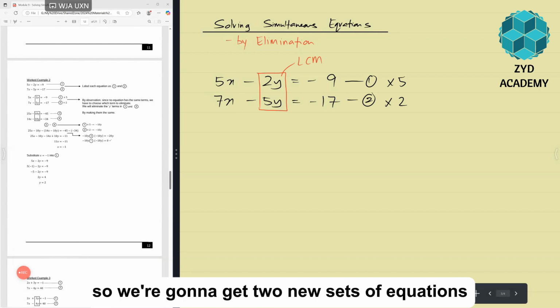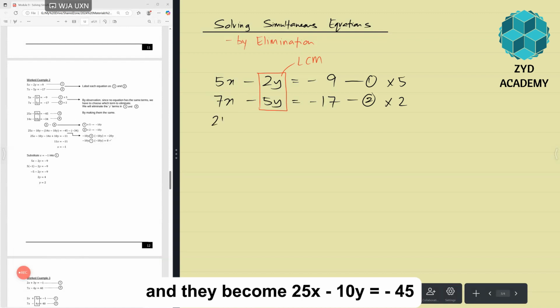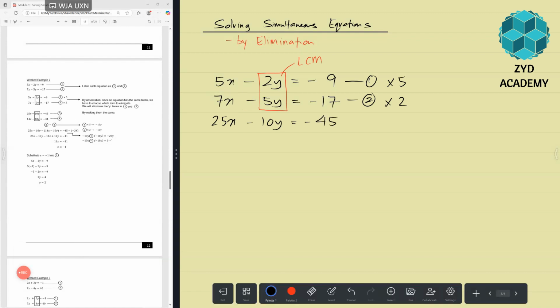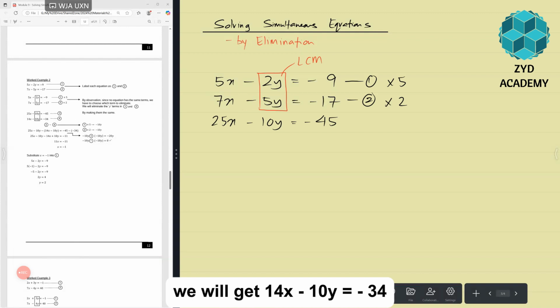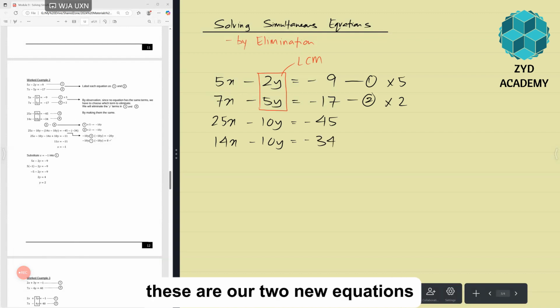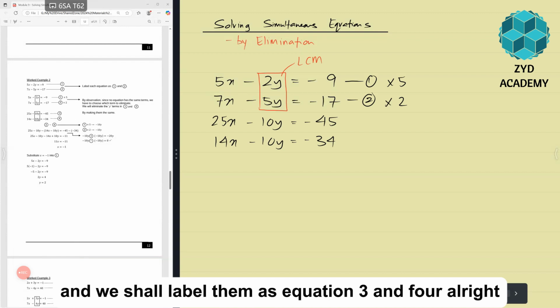We're going to get two new equations and they become 25x minus 10y equals negative 45. Next one, we will get 14x minus 10y equals negative 34. These are our two new equations, and we shall label them as equation 3 and 4.